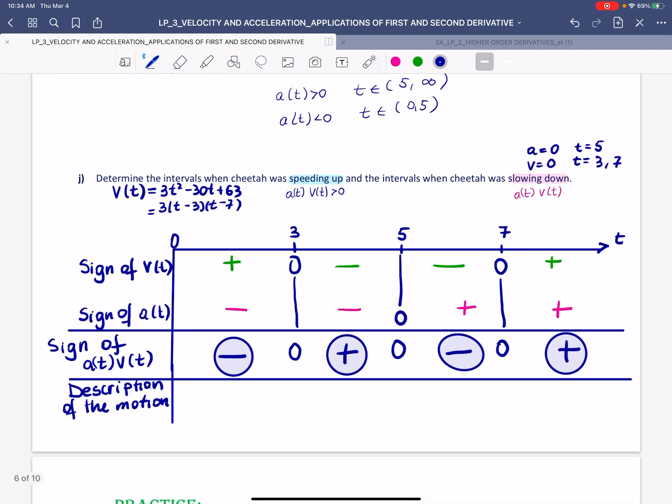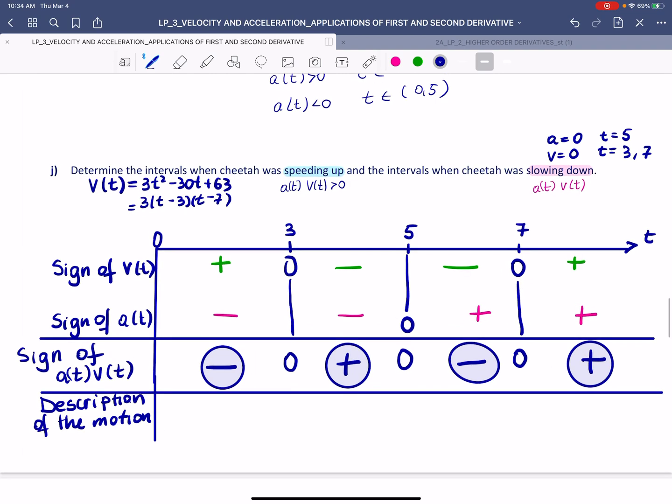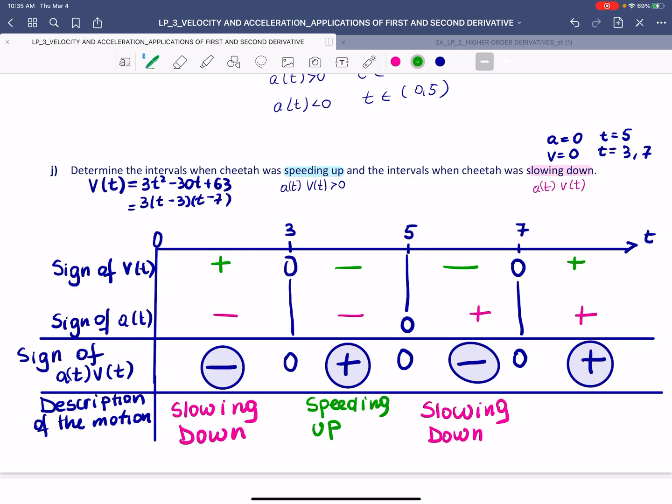So in conclusion, we'll say that the object is slowing down between 0 and 3 seconds, slowing down between 5 and 7 seconds, speeding up between 3 and 5 seconds, and also speeding up between 7 and infinity seconds.